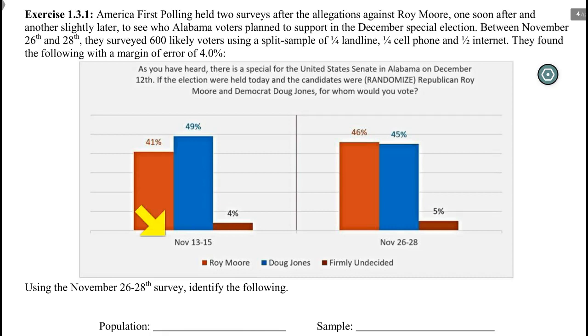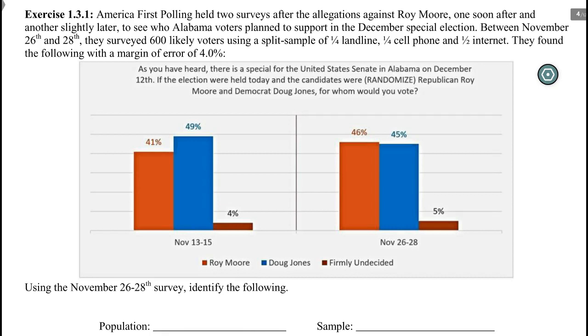November 13th through 15th, they did one survey where 41% of potential voters were in support of Roy Moore, and then another one about 2 weeks later, November 26th to 28th, where now 46% said they were going to vote for Roy Moore. The whole point of these two was to show that the backlash from those allegations against him had sort of leveled out again.